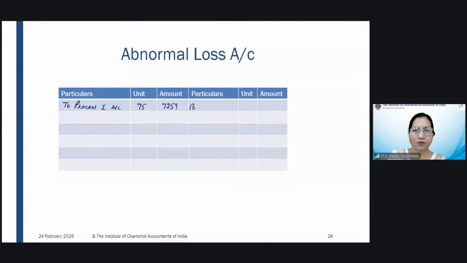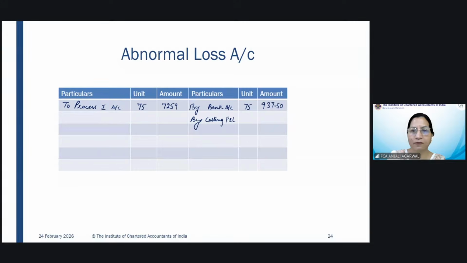But this will also be sold at 12.5 rupees. So 75 units into 12.5 rupees, 937.5 rupees are recovered from the bank. I will make it 938 and the balance will go to the costing P&L account.